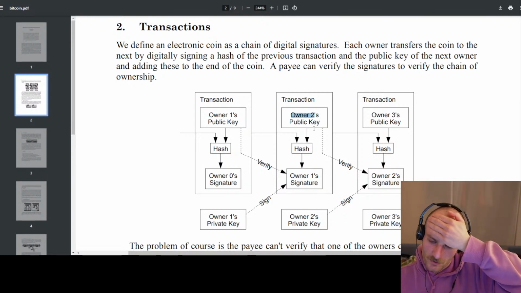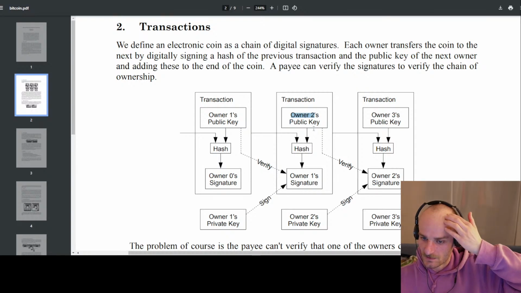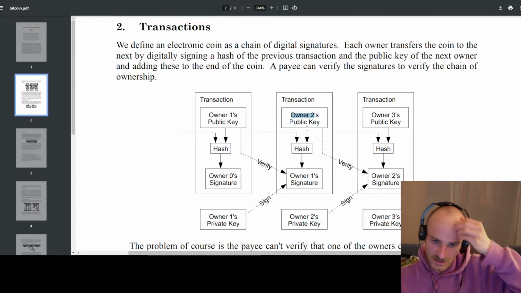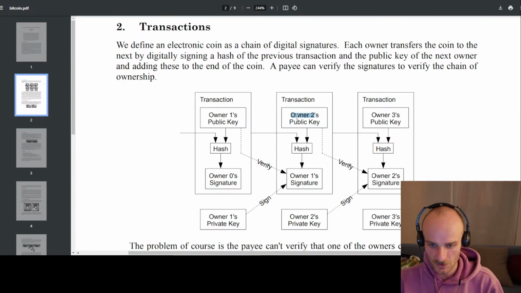But if owner 2 did his due diligence and did good work on how to manage tokens, until he uses these tokens, nobody knows who's the owner.